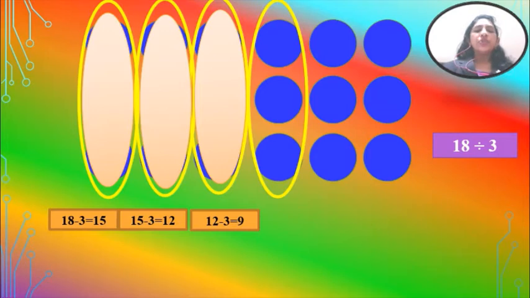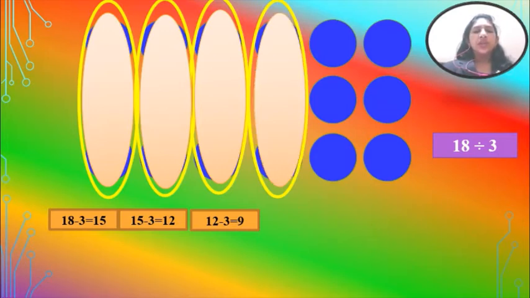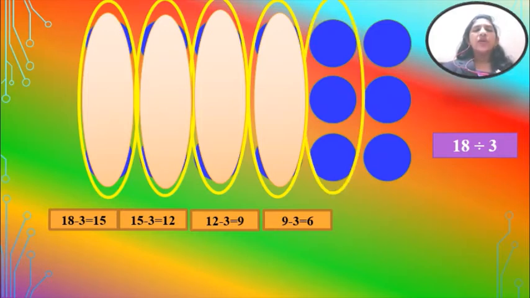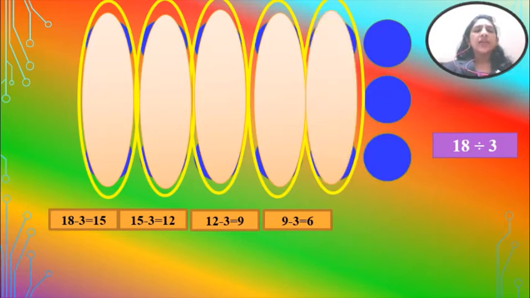Again, I will distribute 3 circles to another student. I need to subtract that also from 9. So when I subtract 3 more from 9, I am left with 6 circles. I give one more group of 3 to another student and this again will leave me with 3 circles.